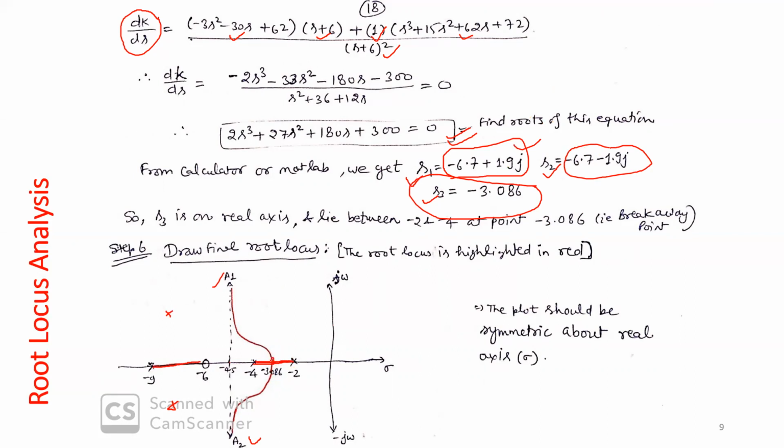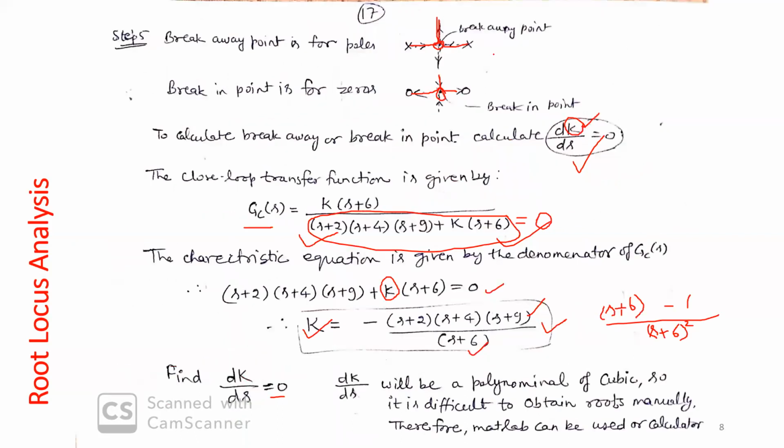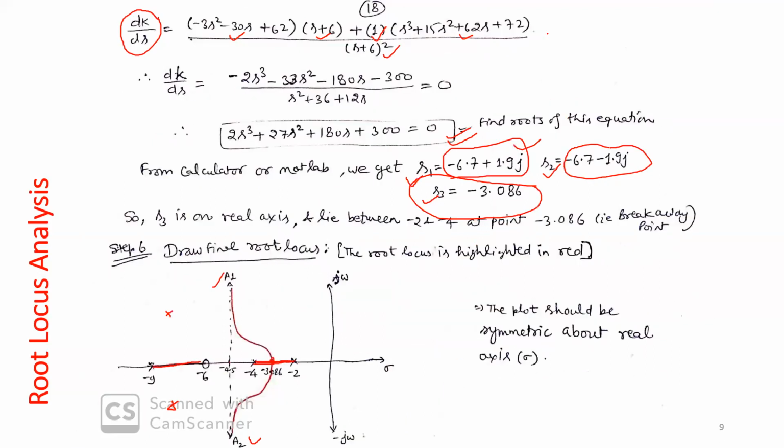And from the poles, as you know, it will be a breakaway point because it is between the poles. So it will be leaving from the poles like this, from this pole like this, and it will go towards the asymptote and become parallel to asymptote A2 as well as parallel to asymptote A1.